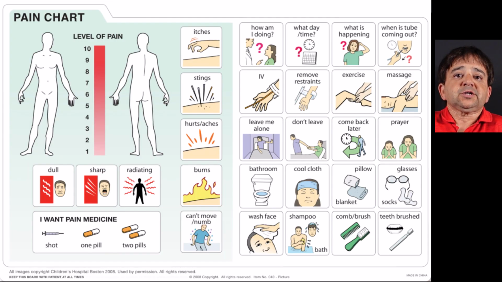On the back of this board is a diagram of the human body where people can point to different areas to show a doctor or physician where they're experiencing pain, the level of pain they're experiencing, and even what type of pain. There's also additional images and icons that they can use for further communication.